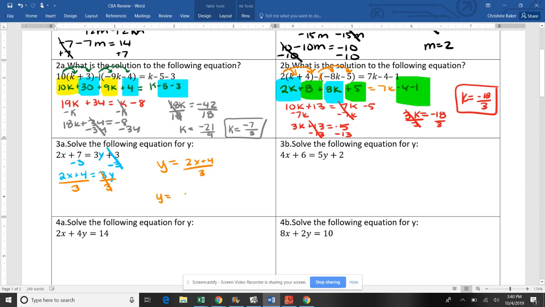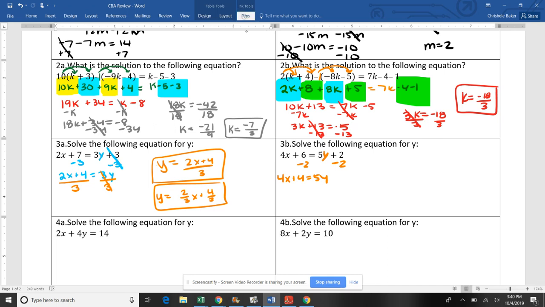Now you can get fancy and actually divide each of those terms by 3 if you'd like, because sometimes we will get something that will reduce. Not on this example, but it happens. Okay, same thing over here. We are trying to get this y alone. So I will subtract 2. 4x plus 4 equals 5y. 5y means 5 times y.